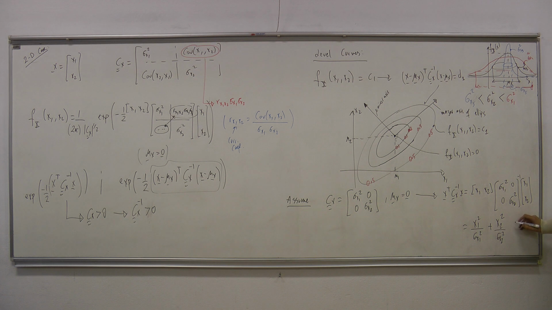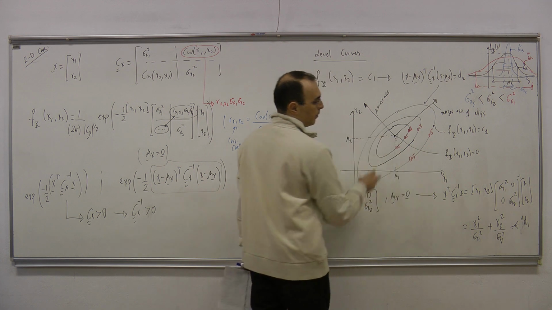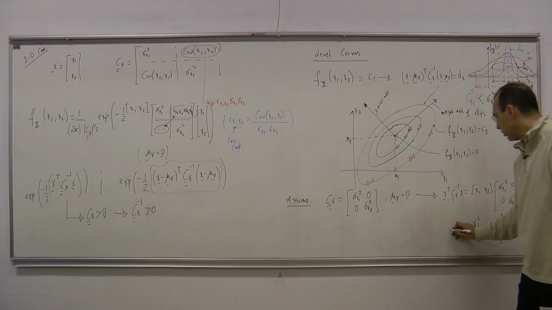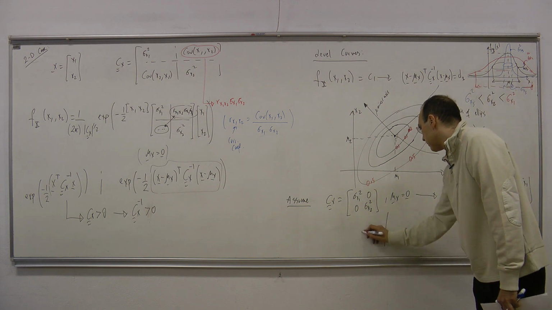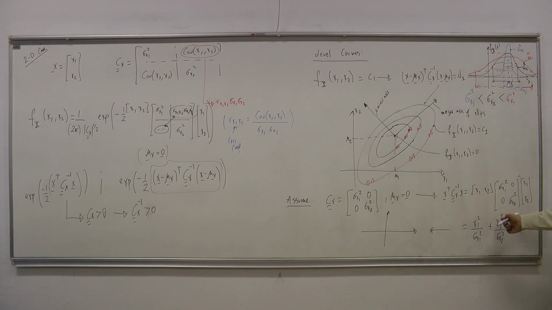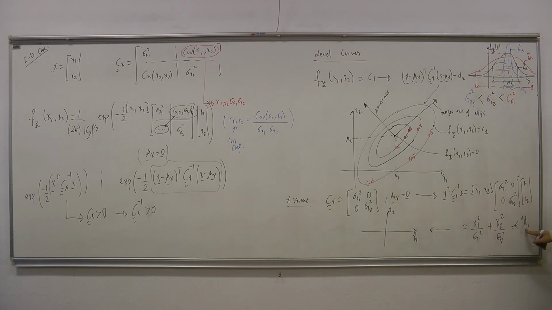Okay? So I am looking at the locus of the points for which this is equal to maybe D1. So I'm equating this to D1. So I have 2 degrees of freedom, X1 and X2. So how can I sketch this? So no surprises. This is symmetric with respect to the origin. It's symmetric with respect to the X1, X2 axes. It's very symmetric. But let's say that this is equal to D1.